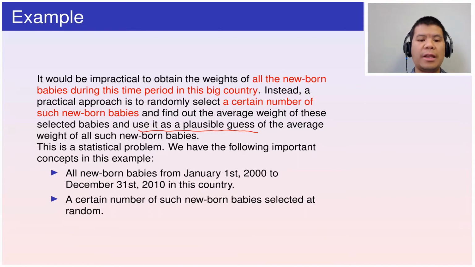So that is a practical approach. You cannot get the weights of all newborn babies, but you can obtain a random sample of such newborn babies of a certain size and find their average weight: the sample average, the average of the sample.